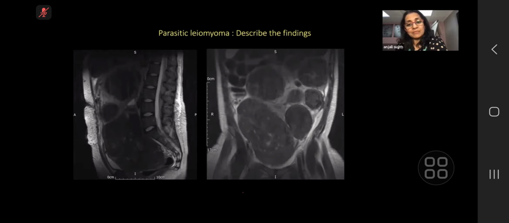It gets a new blood supply from these structures and then loses its original attachment with the uterus and becomes parasitic. If you're given a case, you will be getting the PACS model, or you will be able to scroll down and it will be more clear in the cases given to you. So when there is no connection that you can establish with the parent uterus, then you call it a parasitic leiomyoma.